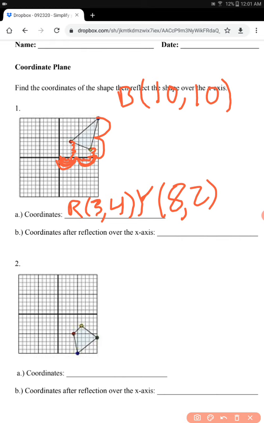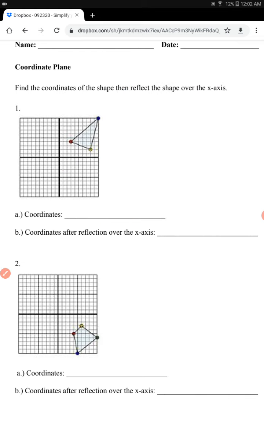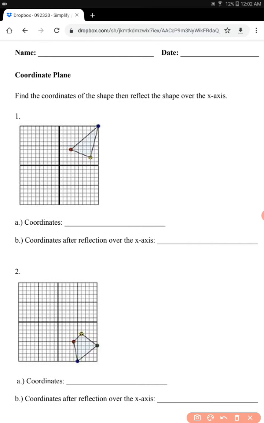I'll give you a moment to write that down. Okay, so for now let's just focus on point blue. The question is asking, find the coordinates after it's reflected over the x-axis. If we imagine the x-axis is kind of like a mirror, then the blue point would be right here.